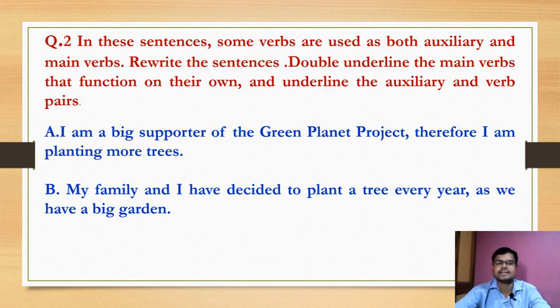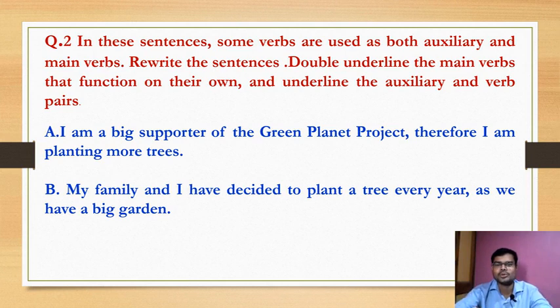Now let's take some of the other questions also. In these sentences, some verbs are used as both auxiliary and main verbs. Rewrite the sentences, double underline the main verbs that function on their own, and underline the auxiliary verb pairs. I am a big supporter of the Green Planet project, therefore I am planting more trees.